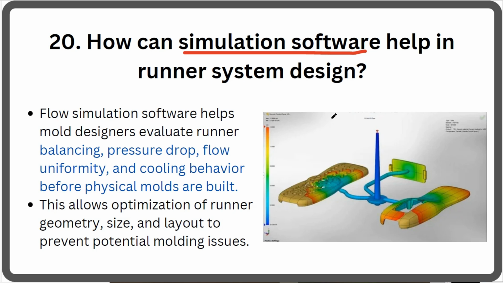So before building the actual mold or manufacturing the actual part, we can go with the simulation so that we can easily understand the flow and how the cavities are filling, and based on that, if we feel that modification is needed, we can directly modify and change the design.